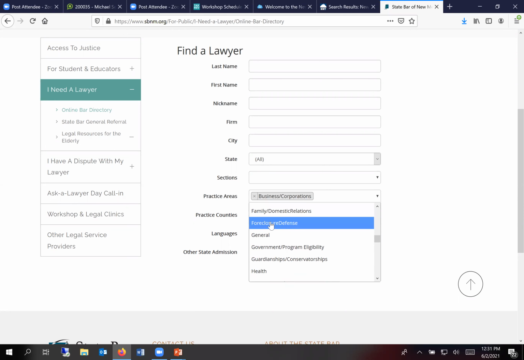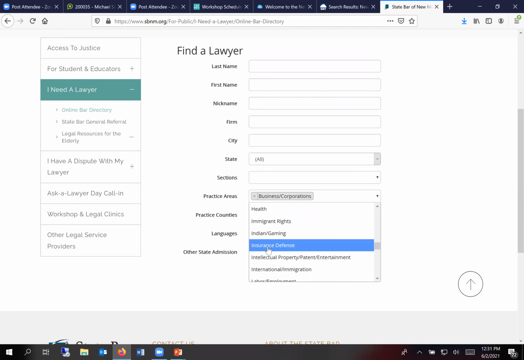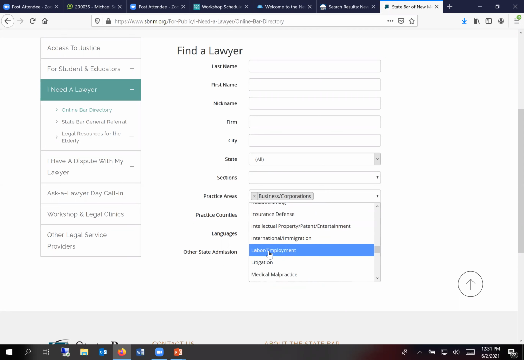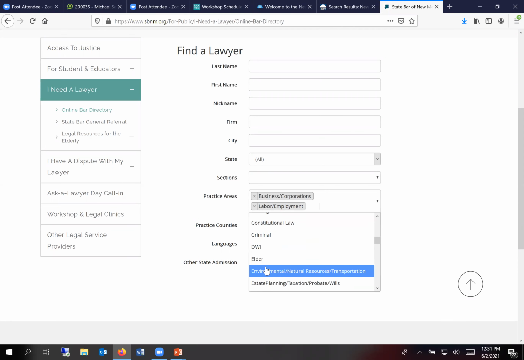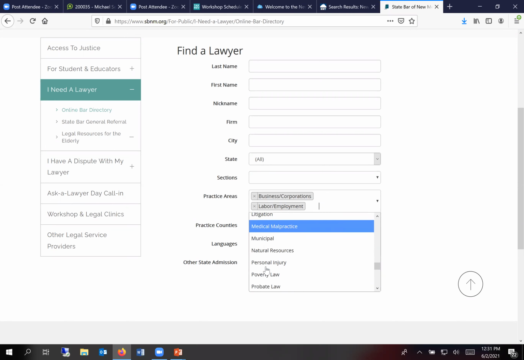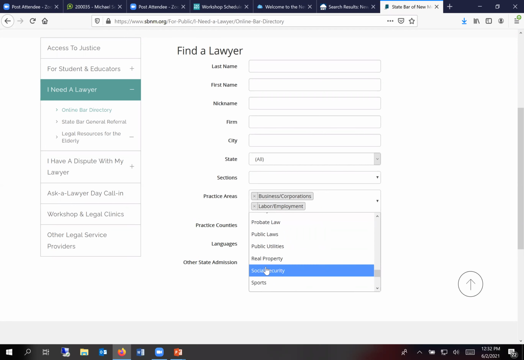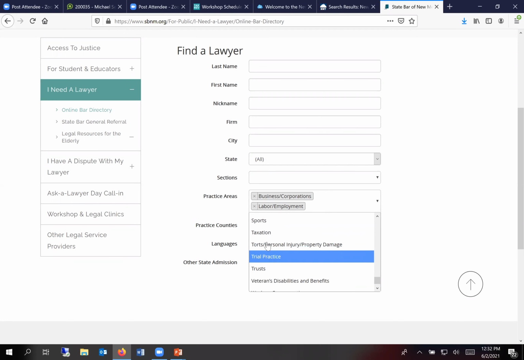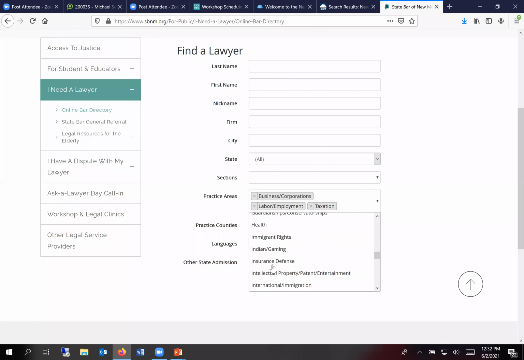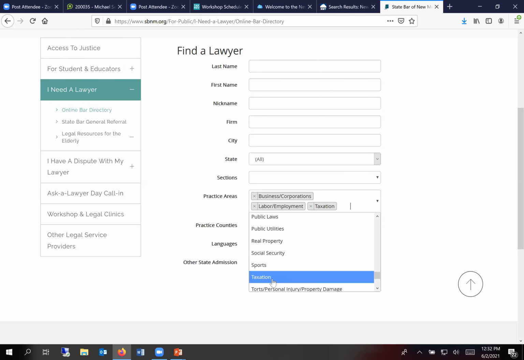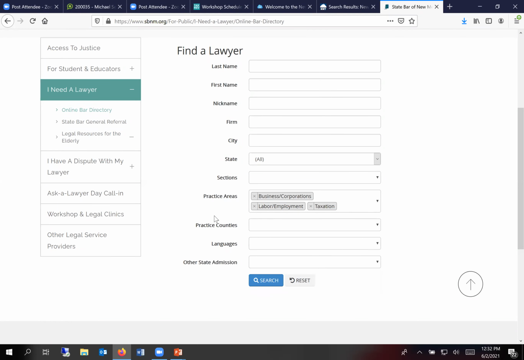That might be helpful for a lot of my business owners. Labor employment law, definitely. Taxation, definitely for my business owners. So those are some of the common ones.